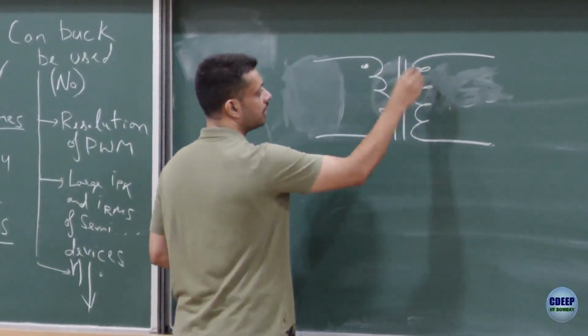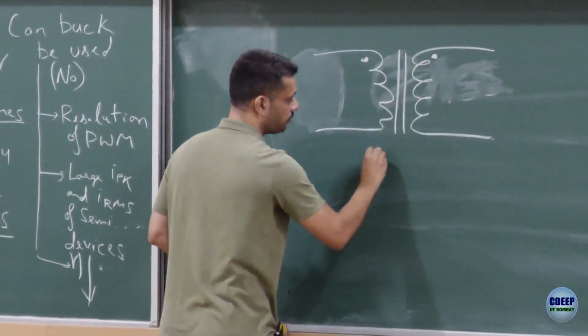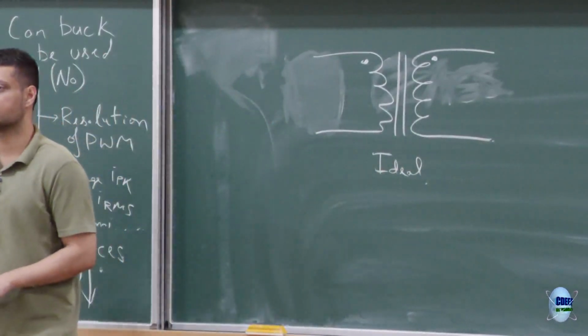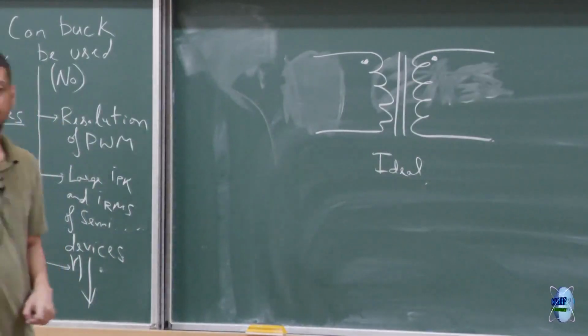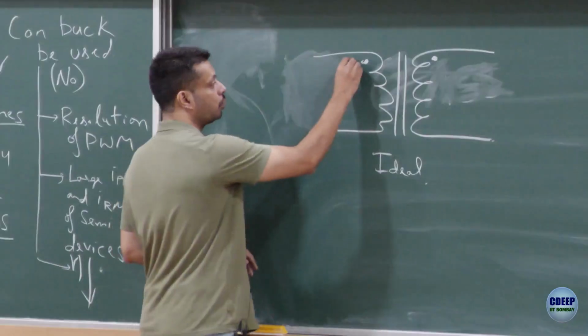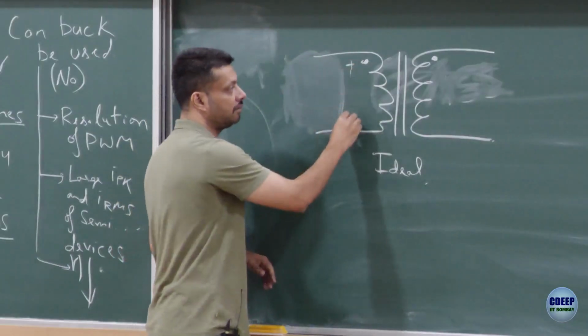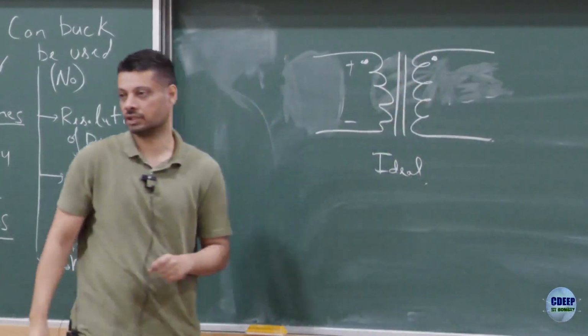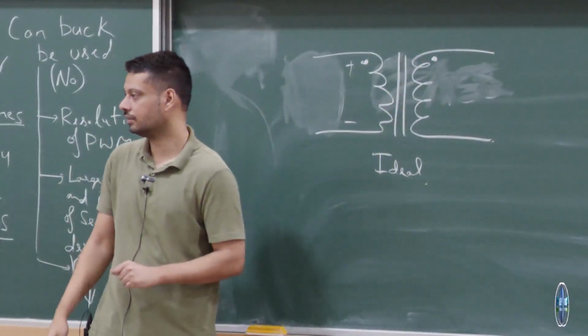Do you remember the dot conventions? At any point, if this dot is positive, the other dot would also be at a positive voltage, right? That was the dot convention.